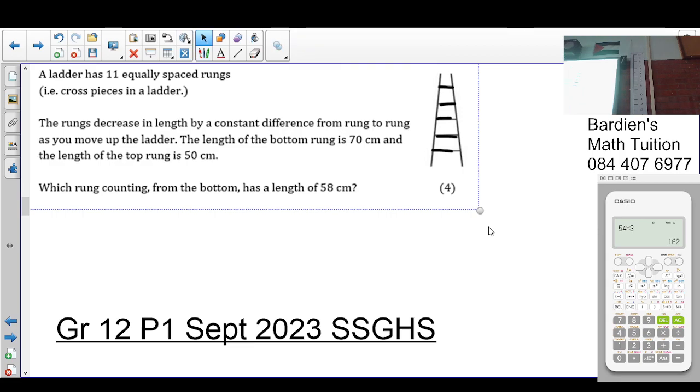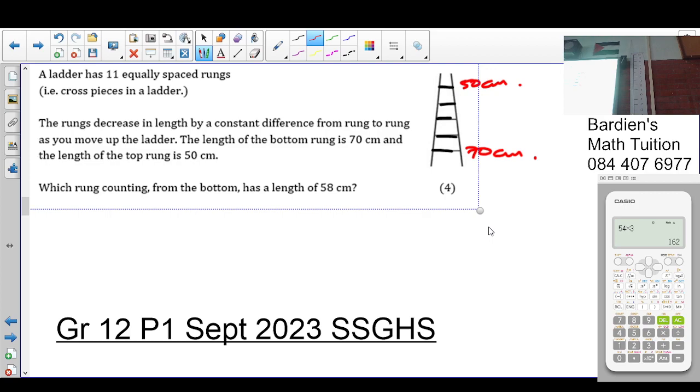A rung decreases in length by a constant difference from rung to rung as you move up the ladder. The length of the bottom rung is 70 centimeters, and the top rung is 50 centimeters. Which rung counting from the bottom has a length of 58?